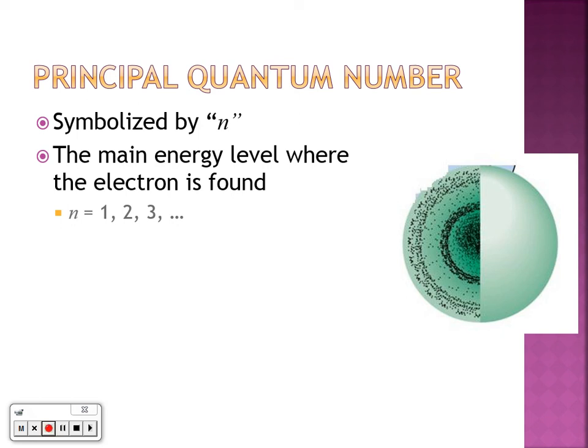Meaning, orbitals that are closest to the nucleus should have low principal quantum numbers, and orbitals that are farther away from the nucleus should have higher principal quantum numbers. Why? Because orbitals close to the nucleus have lower energy, whereas as we get farther and farther out from the nucleus, higher energy. So more than anything else, the principal quantum number describes energy.